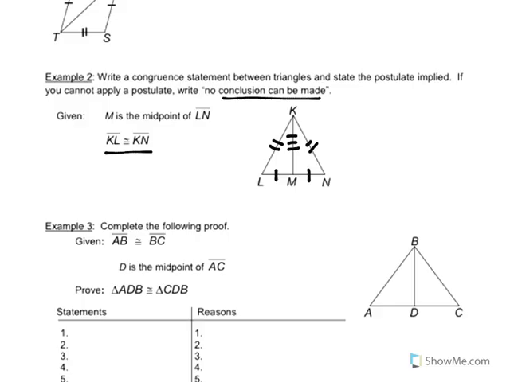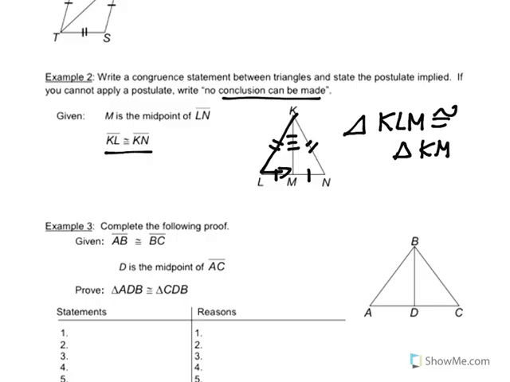And so can we make a statement about these? I believe so. We could say that triangle KLM is congruent with triangle KM. Oh, no, we want to do it in the same order. We went KLM, so we're going to go KNM.